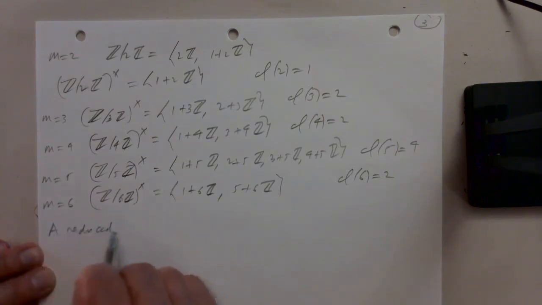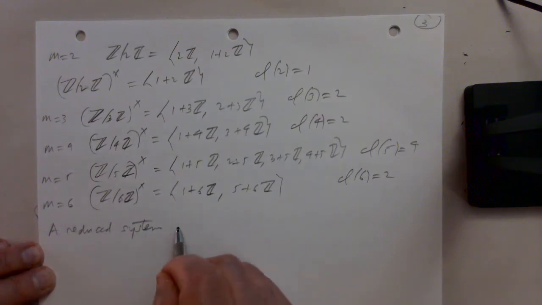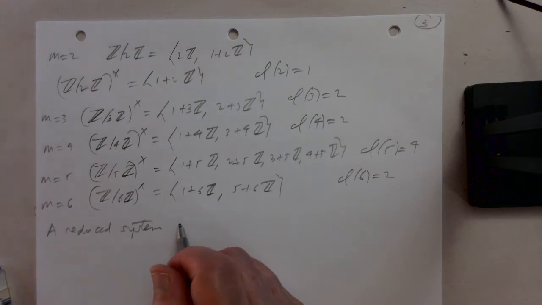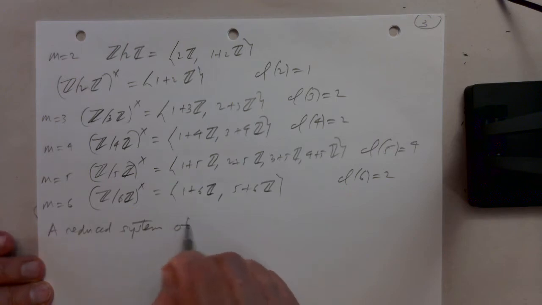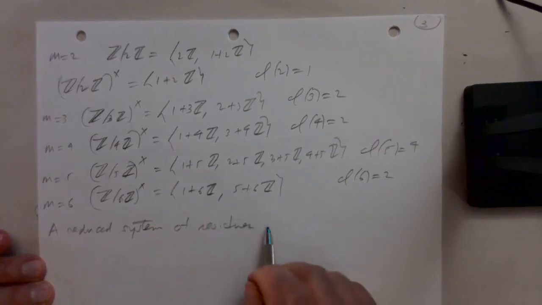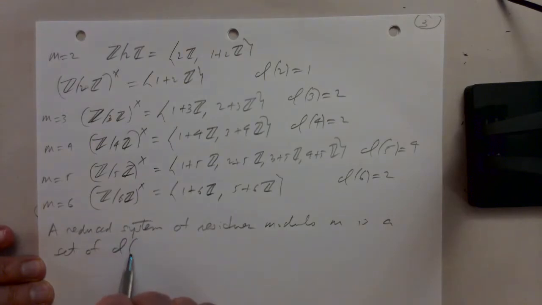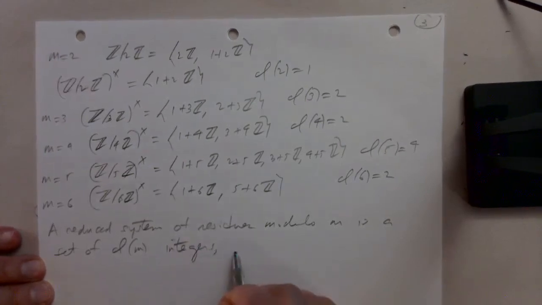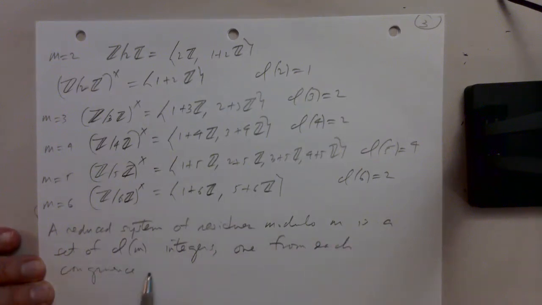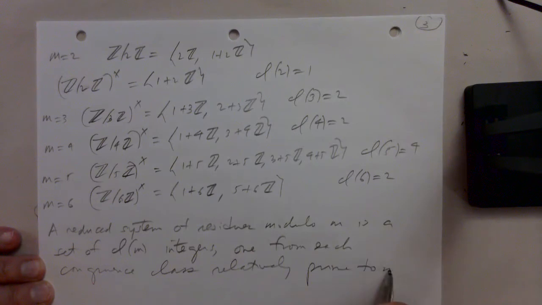A reduced system of residues modulo m is a set of exactly phi of m integers, 1 from each congruence class relatively prime to m.